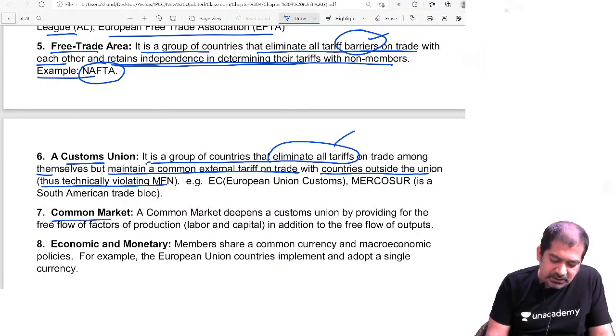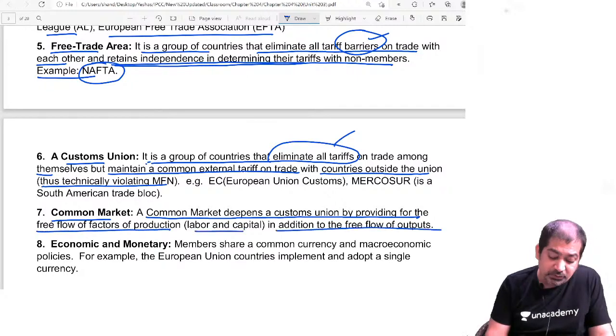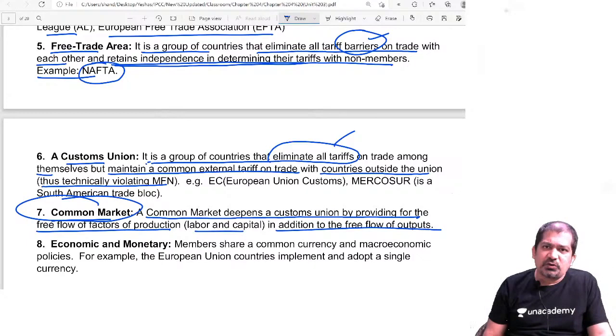Common market area. A common market deepens a customs union by providing for a free flow of factors of production, labor and capital, in addition to the free flow of outputs. Now, it is a very fluid market. So basically, you will find that not only manufactured goods are crossing the boundary of one country into another, but even the factor inputs, labor, machineries, capital, and everything that is the factor input materials, all are going across the border.